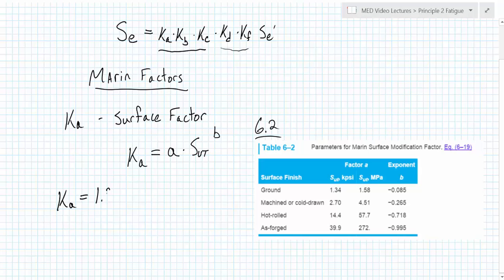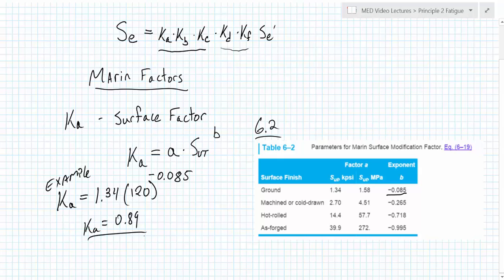We'd have 1.34 multiplied times whatever our ultimate strength is, I said 120 kpsi as an example, and all of that raised to the b, which for ground would be negative 0.085. Using this example, this results in a Ka Marin factor of 0.89.